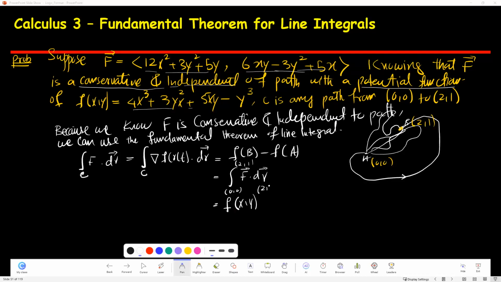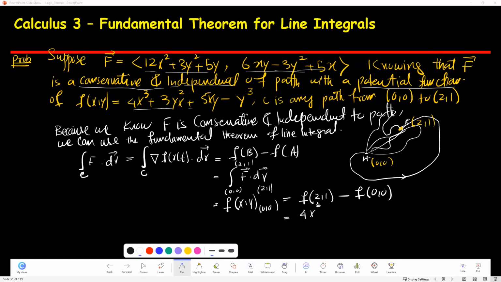The upper limit is 2 comma 1, the lower limit is 0 comma 0, so I can write this as f of 2 comma 1 minus f of 0 comma 0, and all I do is substitute the values.